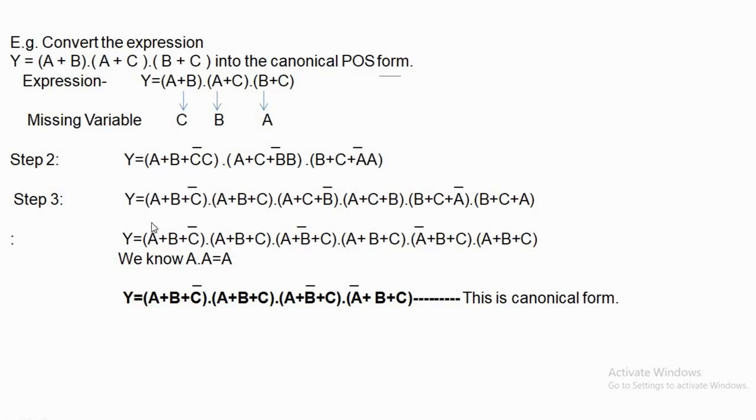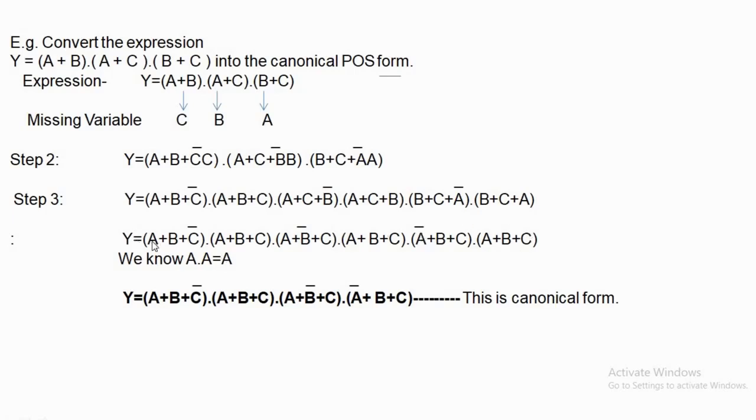After simplifying, we get a plus b plus c bar, this first term, and a plus b plus c only, so this is the second term for the first equation. Now solve the second equation: a plus c plus b bar, then a plus c plus b. Similarly, you can write for the third term: b plus c plus a bar, b plus c plus a.